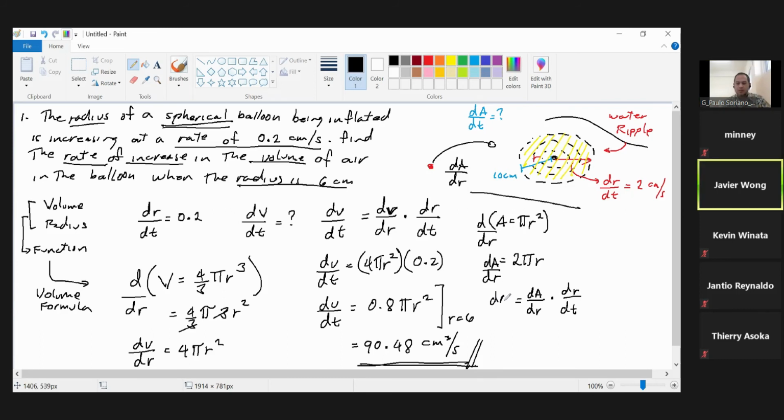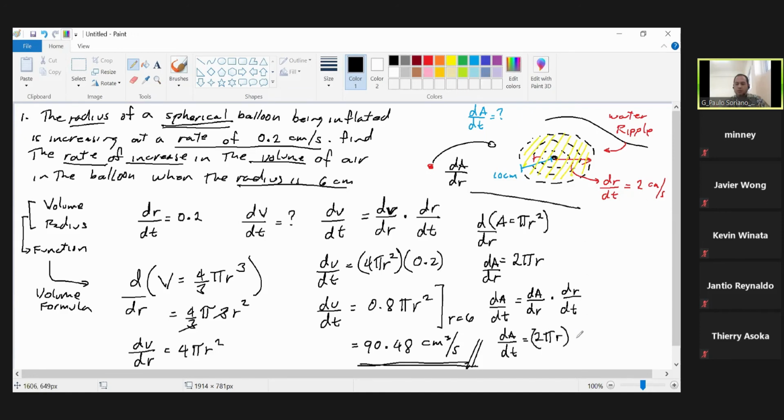So substitute: 2 pi r times 2. We are looking for dA/dt, so dA/dt is equal to 2 pi radius times 2, so dA/dt is equal to 4 pi r.